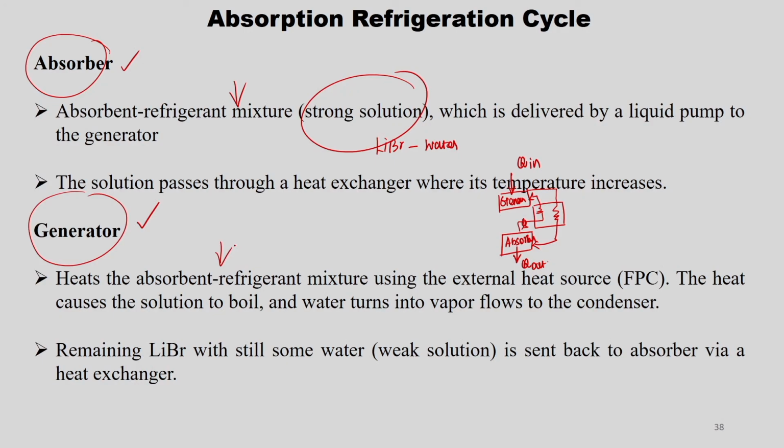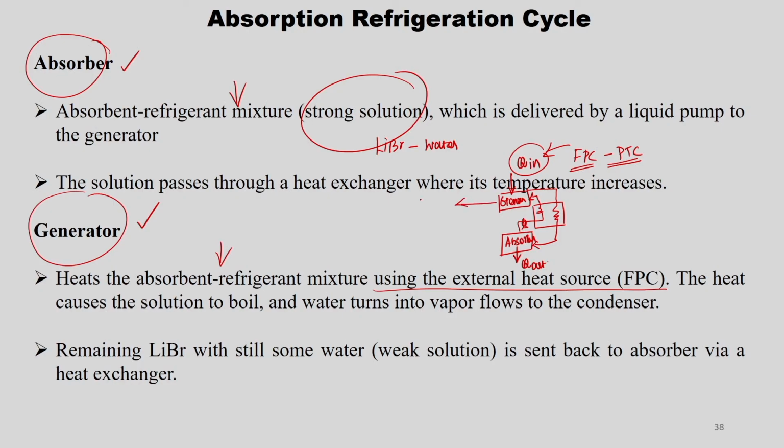It heats the absorbent refrigerant mixture using an external heat source. So, there comes our flat plate collector or any PTC also, parabolic trough collector also, based on the temperature that we are going to see. The heat causes the solution to boil and water turns into vapor, which flows to the condenser.